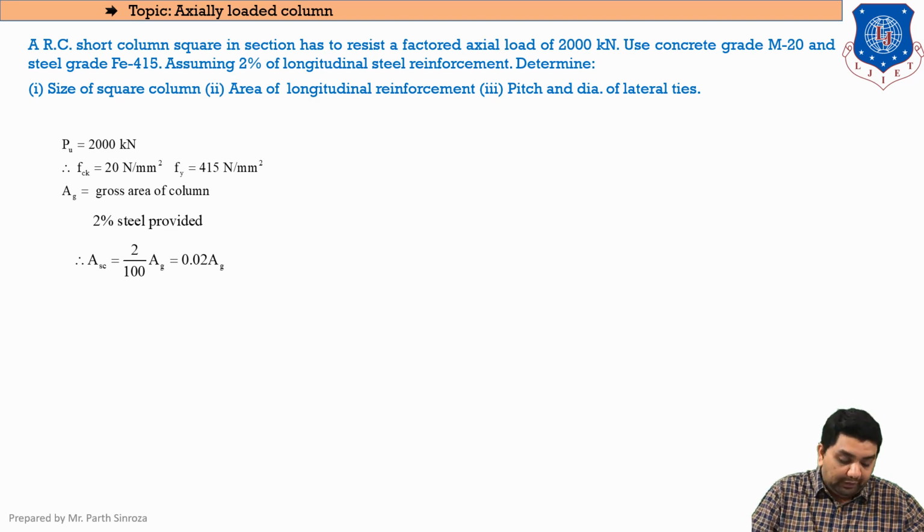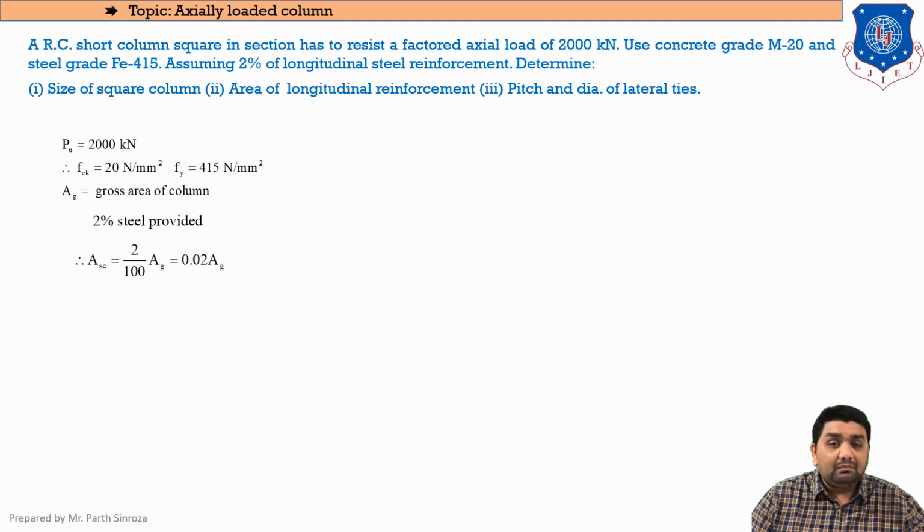So 2% of total area comes out to be 2 divided by 100 into AG. So ASC comes out to be 0.02 AG in the form of an equation. Clear? 2%, so if we convert it into equation form, it is divided by 100, so 2 divided by 100, and it comes out to be 0.02 AG.